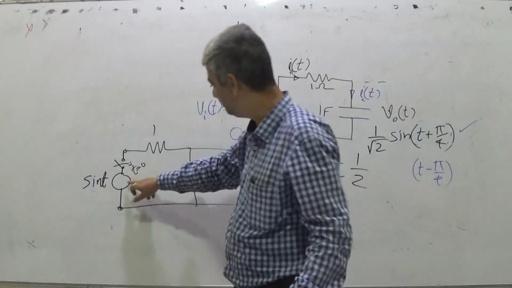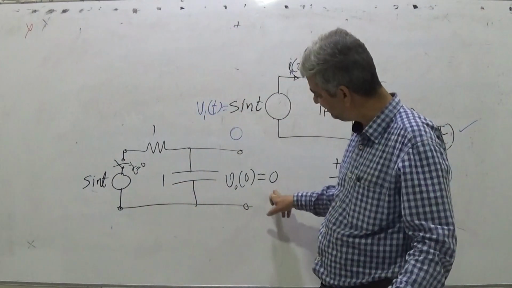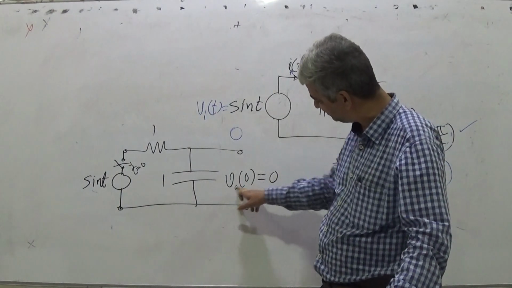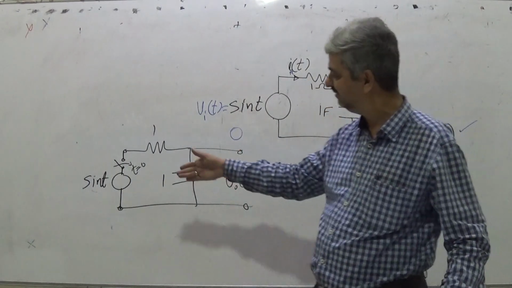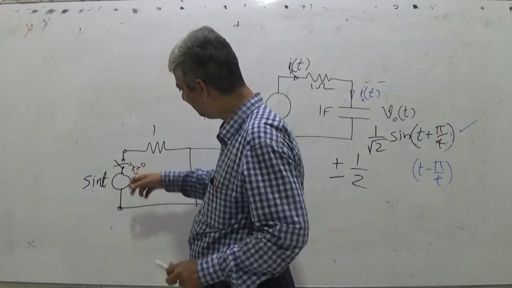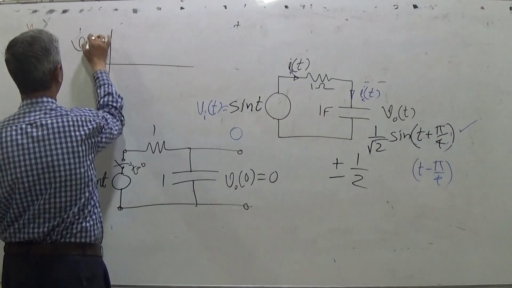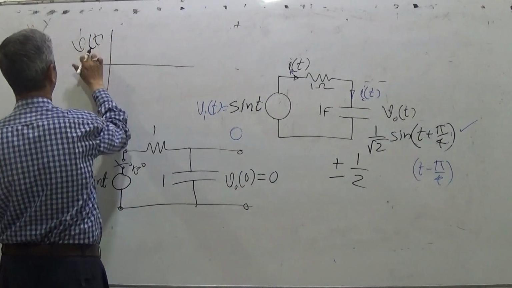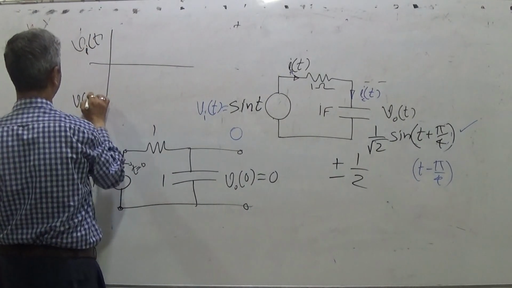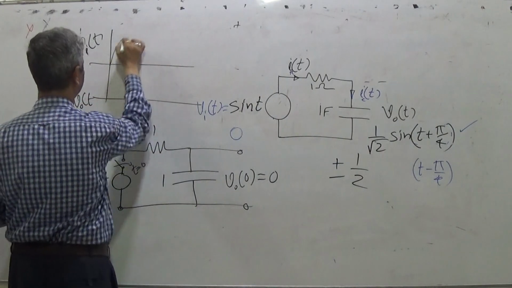Similarly here, when you connect it, initially you find the output is 0. Then, if you plot V in t and V out t, this is very interesting.